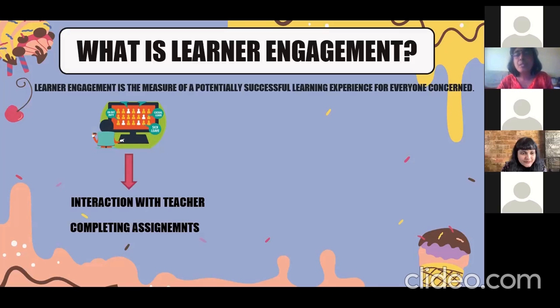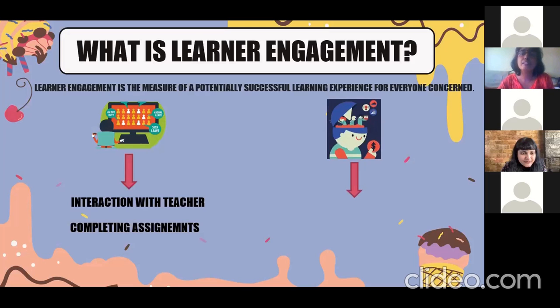There is another way, of course, to find out whether the learners are engaged. This is possible when we involve the learners in cognitive involvement, which can be ascertained by the teacher. This cognitive involvement is possible when the teacher encourages the students to ask questions.